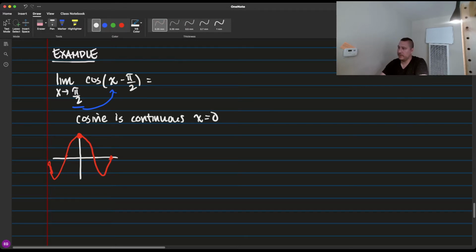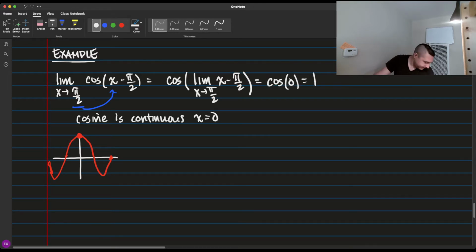So you can move the limit: you can take the cosine of the limit as x approaches pi over 2 of x minus pi over 2. That inside limit is 0. The cosine of 0 is 1. So you can just move it through like that.